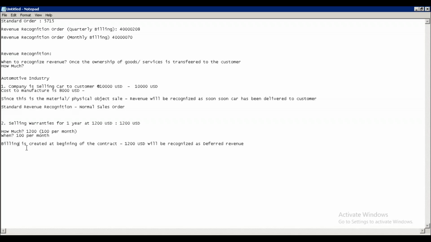It should be automatically able to calculate how much amount should be recognized per month. That is the reason this will be termed deferred revenue. As I told you, deferred revenue means the billing is created, but it is still not recognized. Okay, so what will happen?